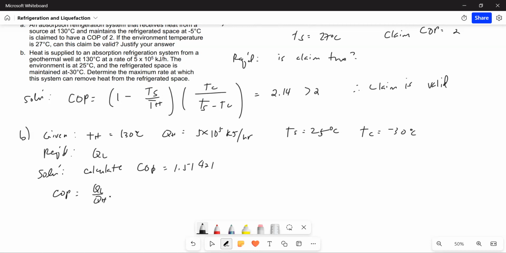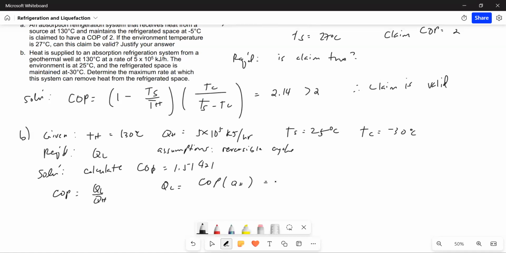Since we're given the assumption of a reversible cycle, and we're given QH, just solve for QL, which is COP times QH.